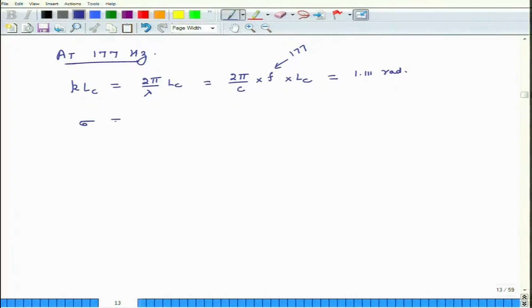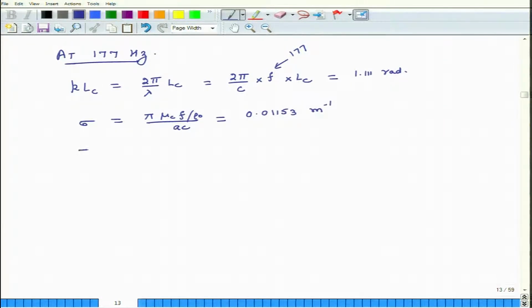Now we again calculate sigma. So, sigma equals pi mu c f over rho naught divided by A times C, and this works out to be 0.01153 meters inverse.